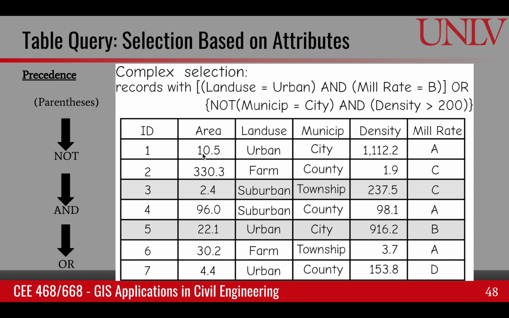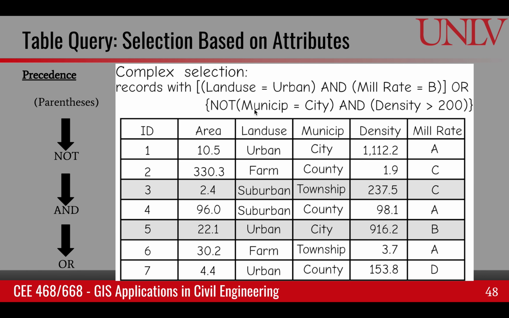So if we look at this, starting with the first part, land use is equal to urban and mill rate is equal to B. First let's see if both of them are satisfied; this will give us true. If one of them is satisfied and the other one is not, then it will give us false.